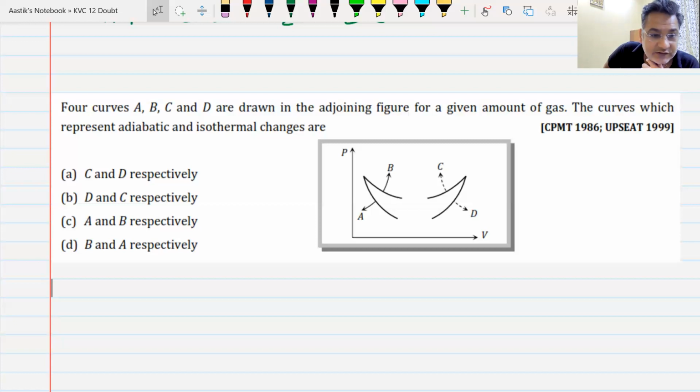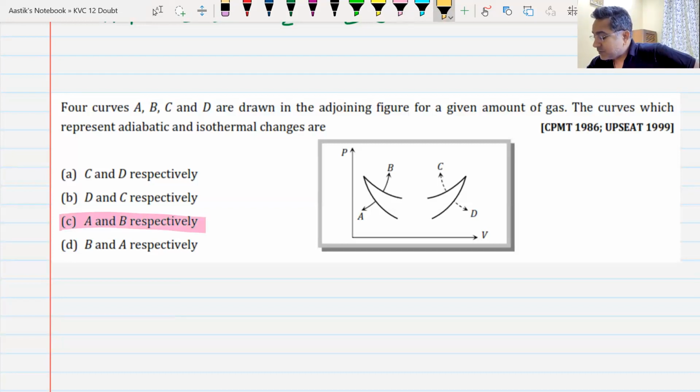Sounds like one, feels like one. See, so much of confusion. And the answer is? No one knows the answer. The answer is, see.